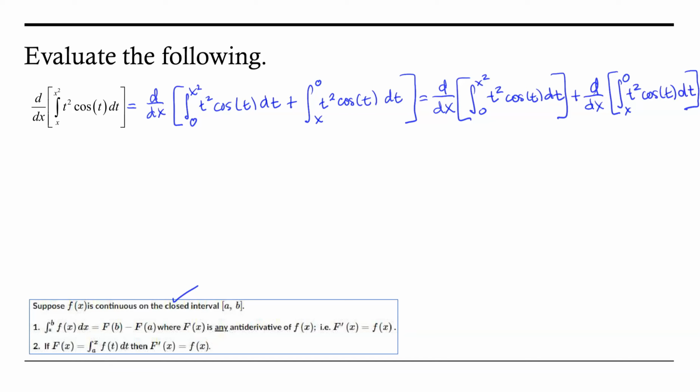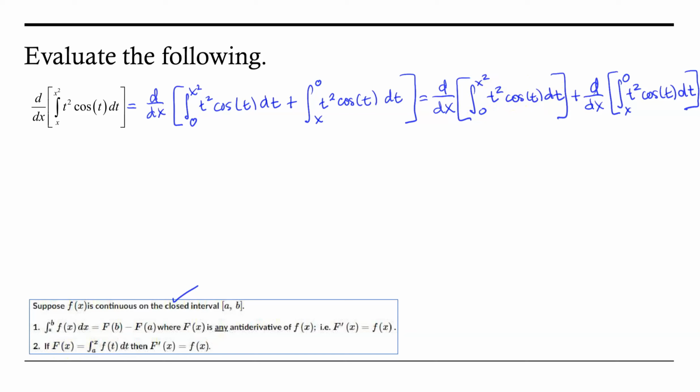Now notice that this first integral that we want to take the derivative of basically matches the structure that we have here. The second integral does not yet match that structure.